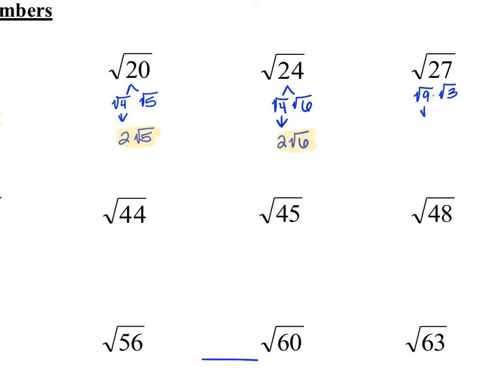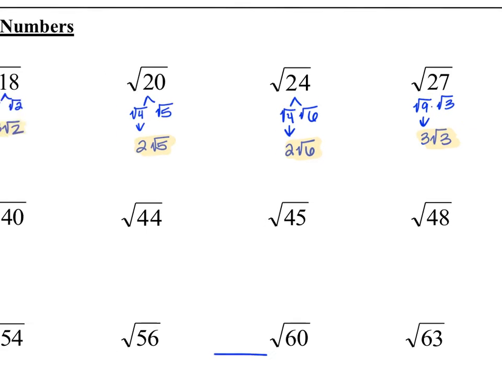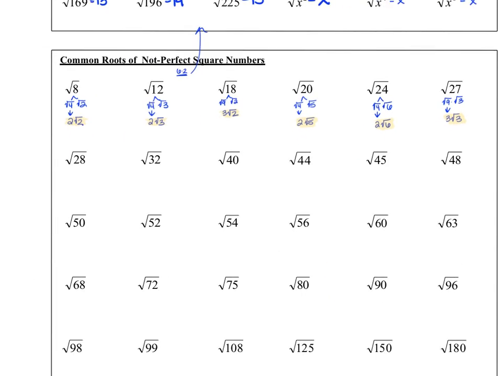The square root of 9 is 3, so this would be 3 root 3 for your answer because the square root of 3 does not simplify. Why don't you go ahead and try the next couple on your own, and then as we get into some bigger numbers, I can give you another strategy to help you figure those out.